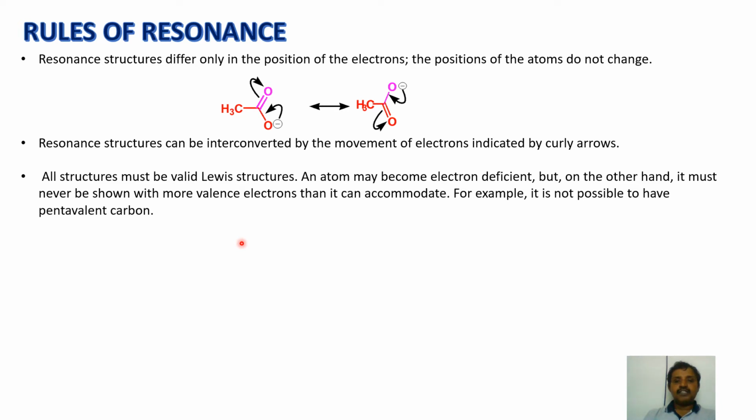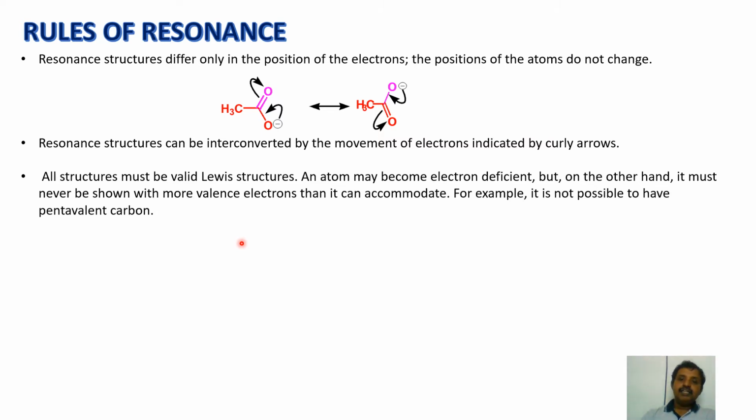The carbon is forming an electron deficient species with 6 electrons. That type of structure, any atom with 6 electrons, is possible, but there should not be any structure in which an atom has an excess number of bonds.